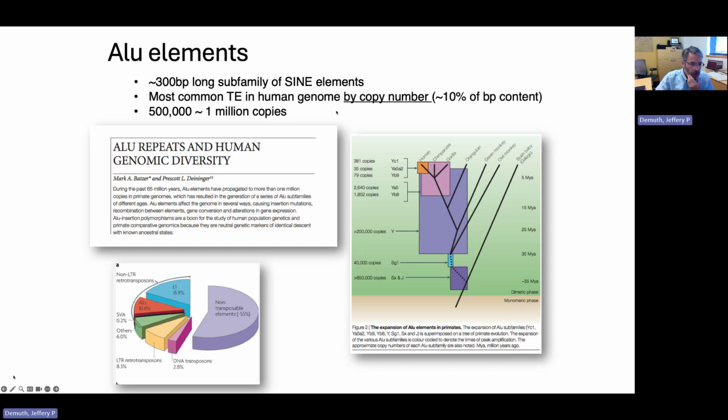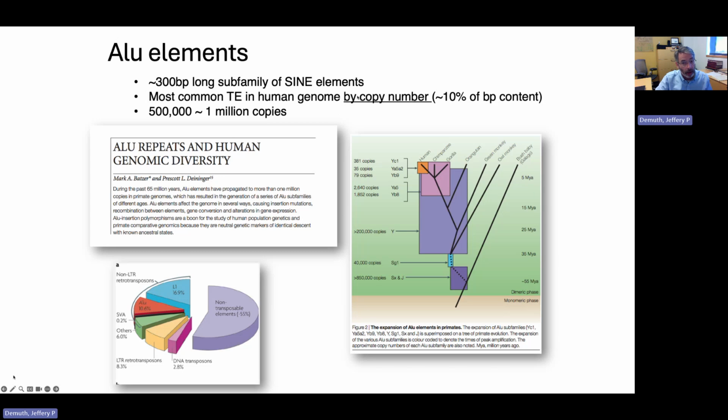Going back to the human genome, I just wanted to highlight one of the things. You can't talk about the human genome and human genome variation for very long without talking about what we call Alu elements. These are a 300 base pair long subfamily of SINE elements, right? So these are a non-autonomous retrotransposon. It's the most common transposable element in the human genome by copy number.